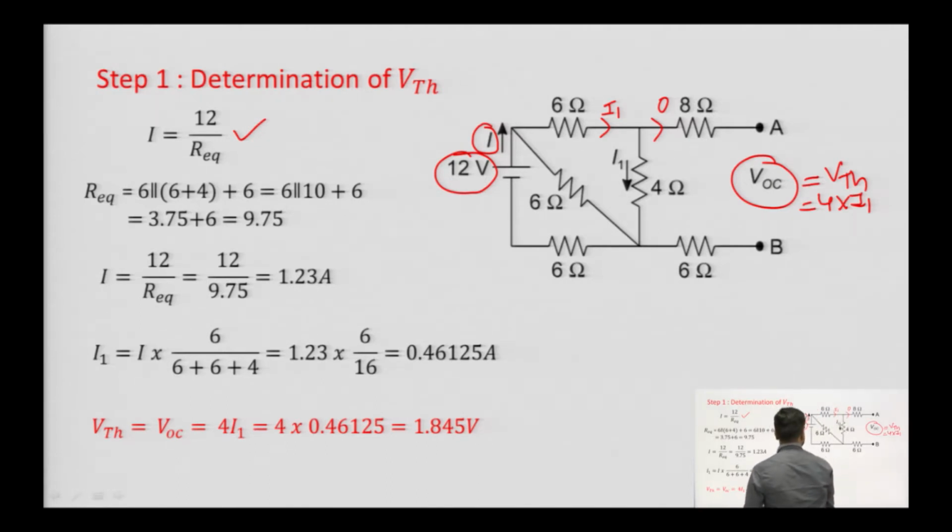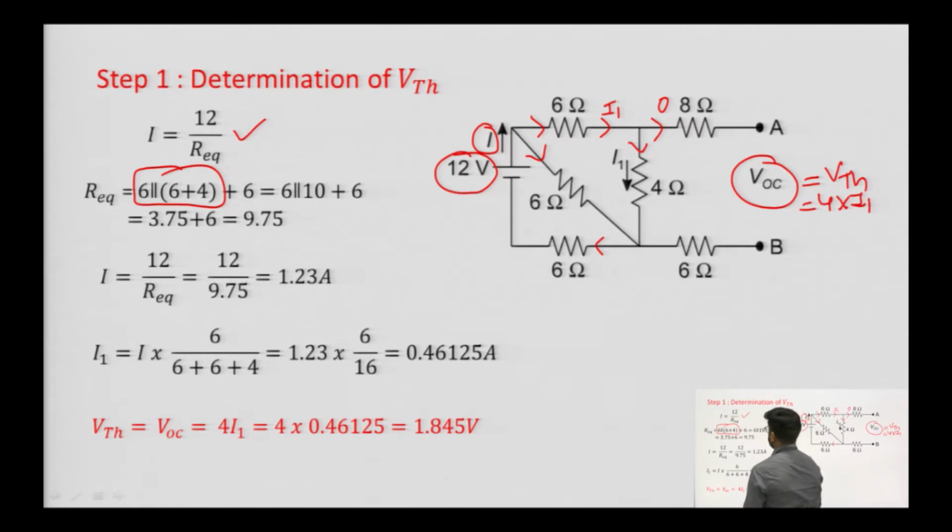R equivalent will be equal to 6 in parallel with 6 plus 4, both 4 and 6 being in series. Then we will have a 6 ohm resistance in series.